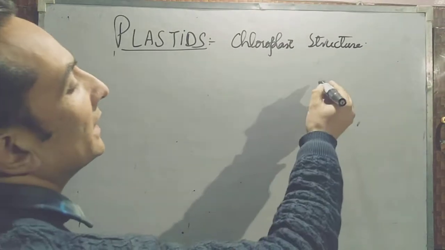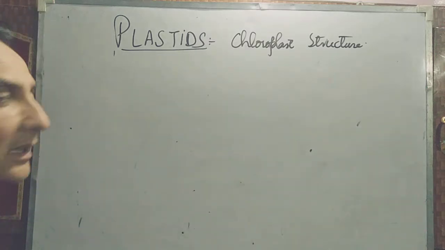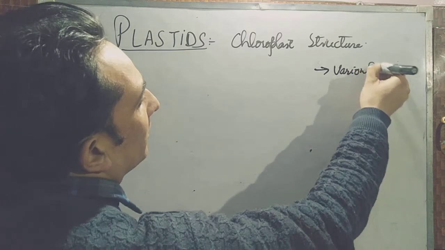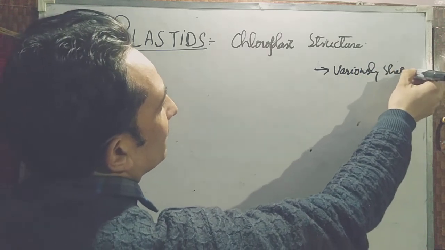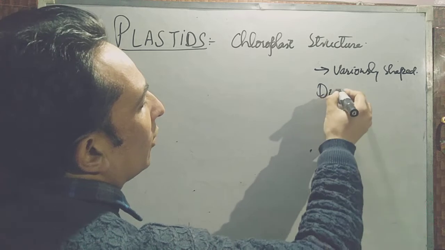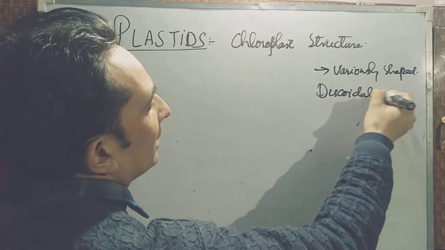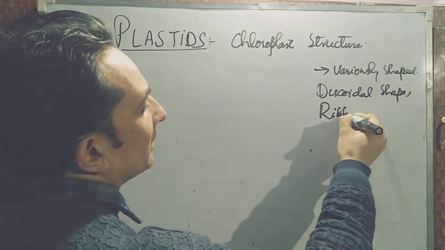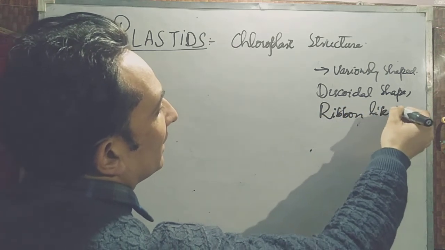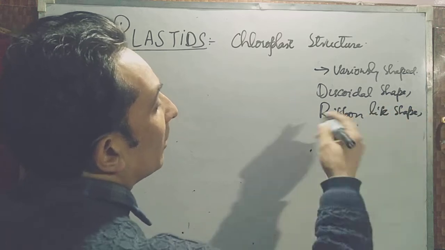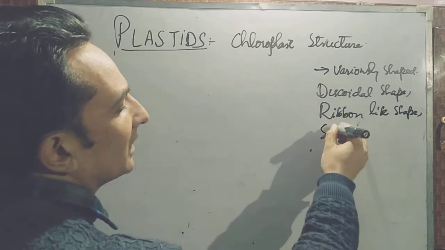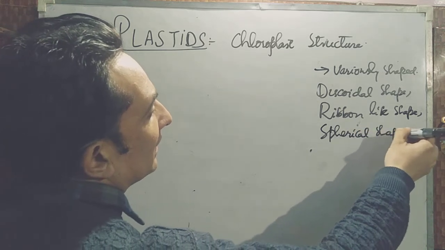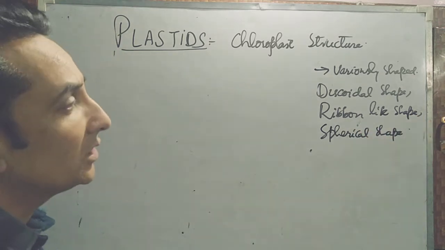Chloroplasts are variously shaped. They can have a discoidal shape, a ribbon-like shape, a spherical shape, and many other different shapes.